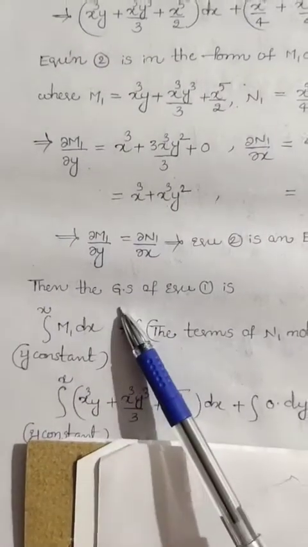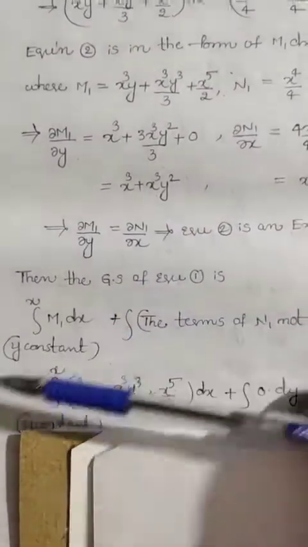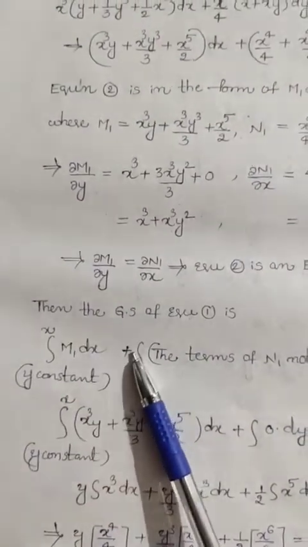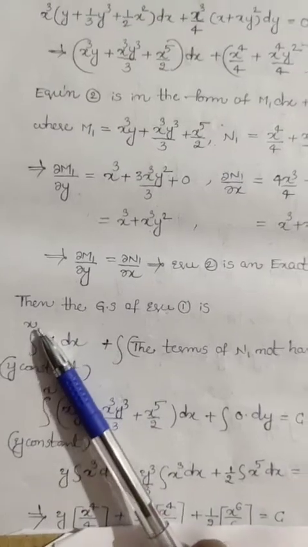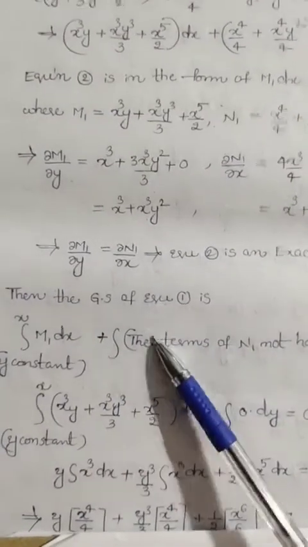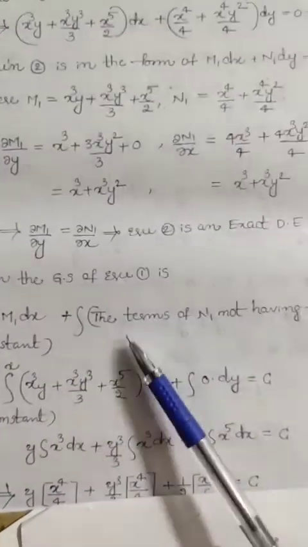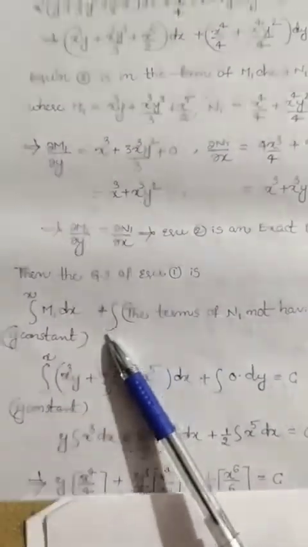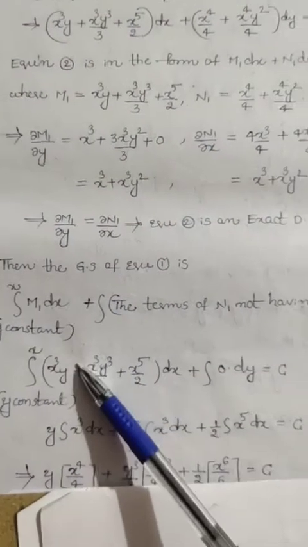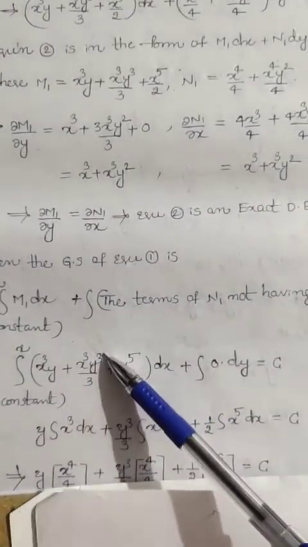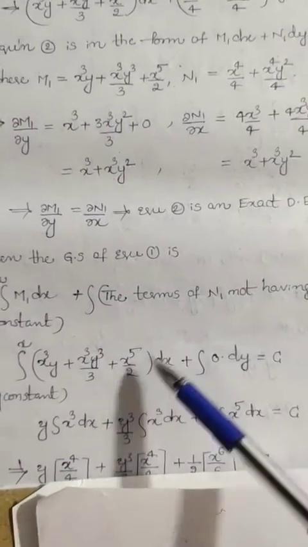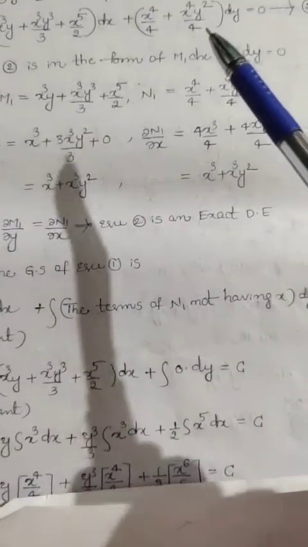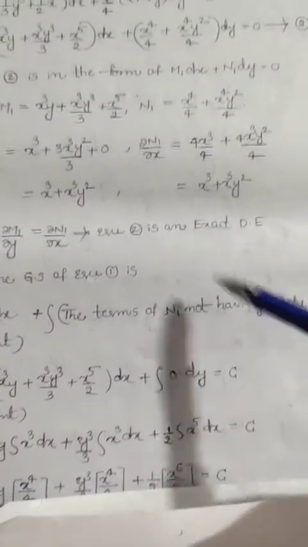Then the general solution of equation 1: the formula for the general solution is the integral of M1 dx, treating y as constant and integrating with respect to x, plus the integral of the terms of N1 not having x, dy, equal to c. Here M1 is x cube y plus x cube y cube by 3 plus x power 5 by 2, dx, plus the terms of N1 not having x.